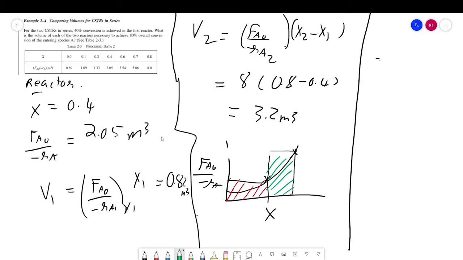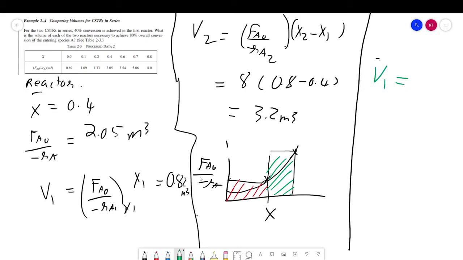Now what would happen if, instead of doing it in two stages, you want to do it in one stage? Let's calculate using the same formula.